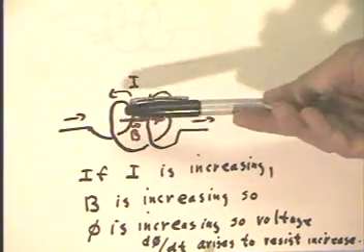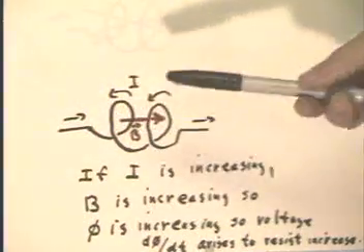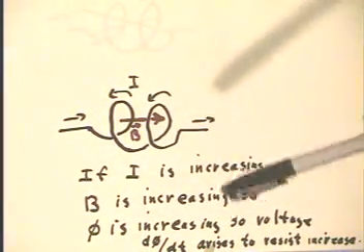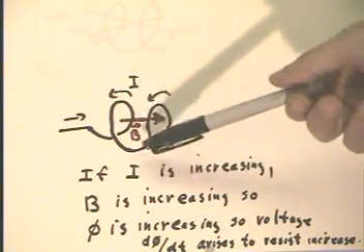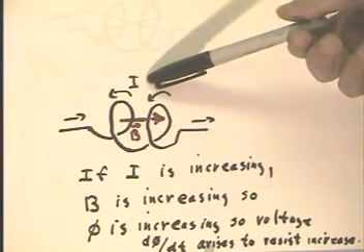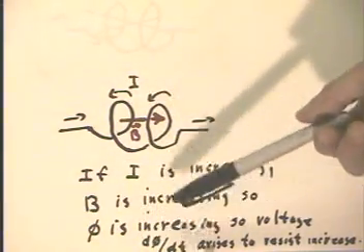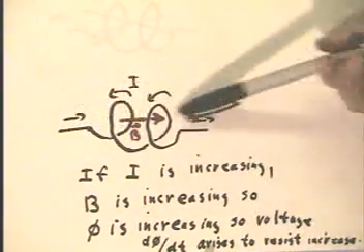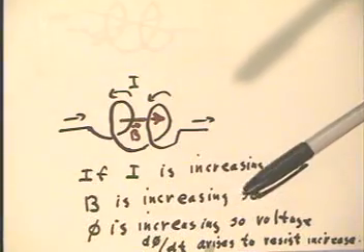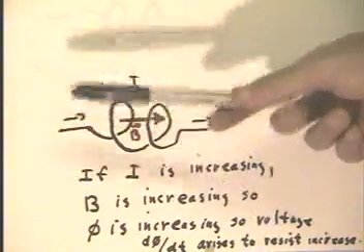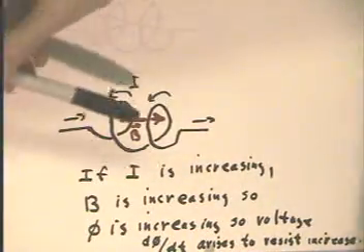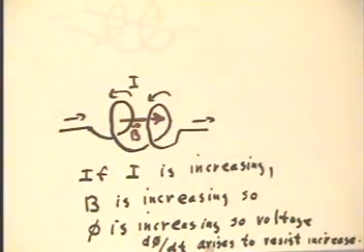Since we have a voltage pushing back this way, the current is not going to be as great. Also, we see that we can't change the current really, really fast, because if we did, d phi dt would be really, really large, greater than the voltage that's pushing the current through, and there would be no current, or there would be a negative current. That actually can't happen. The voltage that we're pushing back with can't be any greater than the voltage we're pushing forward with.